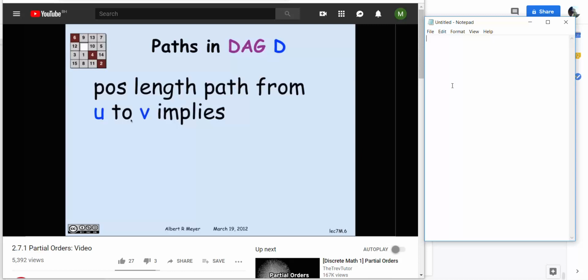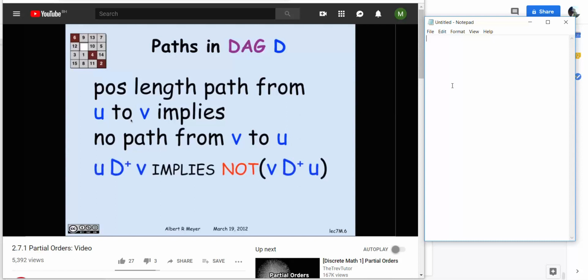If we look now at directed acyclic graphs, then if there's a positive length path from a vertex U to a vertex V, since there are no cycles in a directed acyclic graph, there can't be a path back from V to U. That property is called asymmetry.